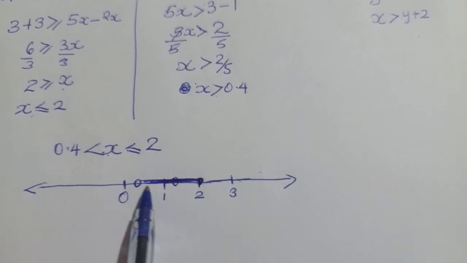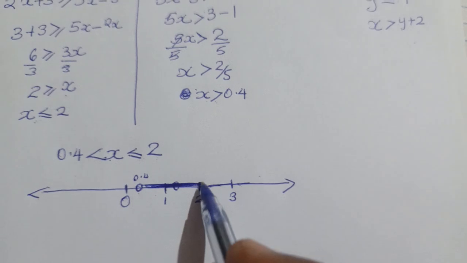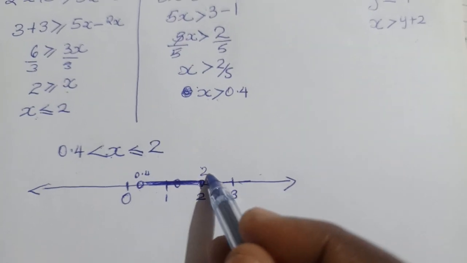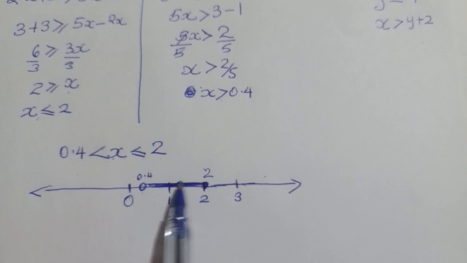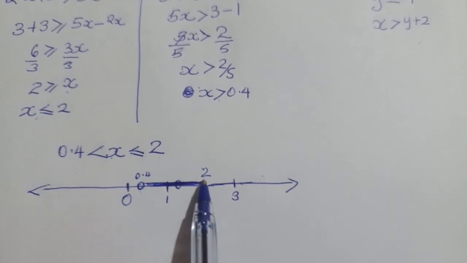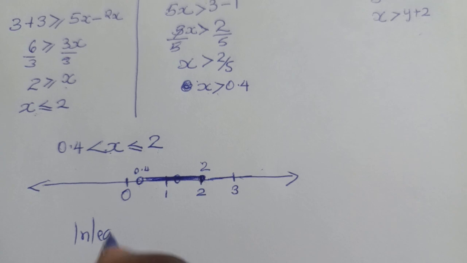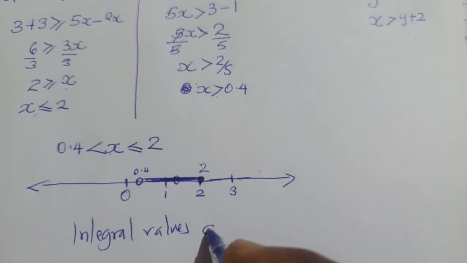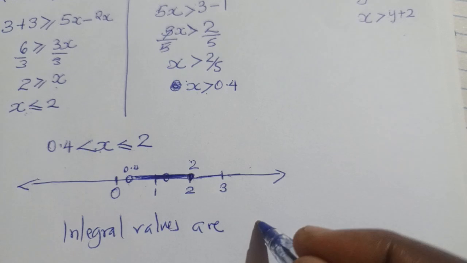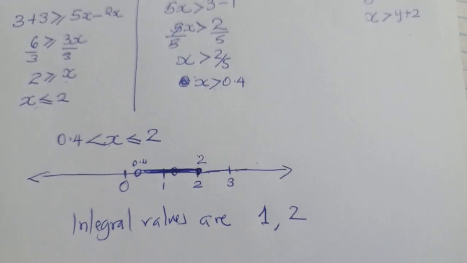So, like you can see from 0.4 to 2. Now, because we are told x is less than or equal to 2, it means 2 is also included. So the integral values are 1 and 2. So this is the solution to our question.